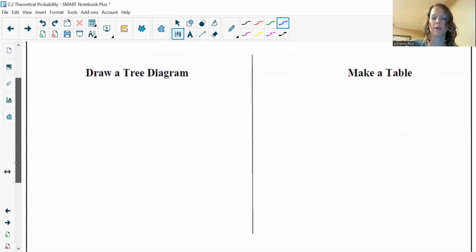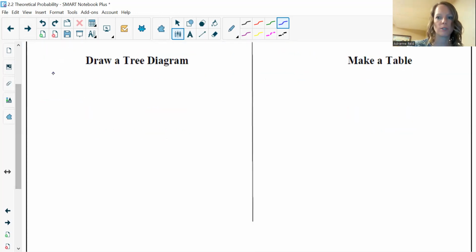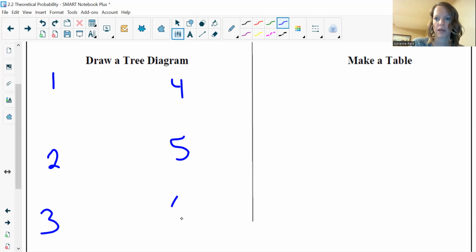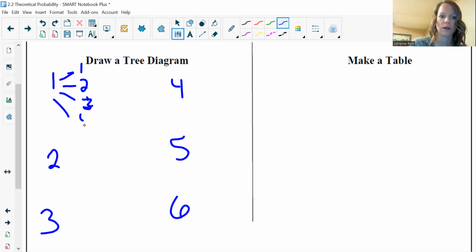So with the tree diagram, first I just think about all my options. On my first die, I could roll a 1, a 2, a 3, a 4, a 5, or a 6. And then think about all the options on the second die. Well, I could roll a 1 on the first one and a 1 on the second one, or a 2, or a 3, or a 4, or a 5. And so it looks like branches on a tree.